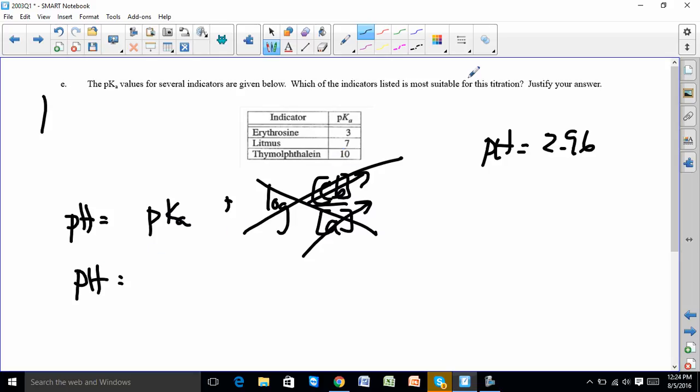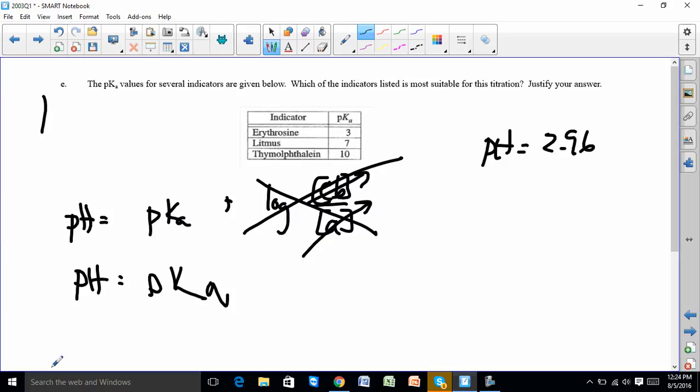Anyhow, you want to pick the one that has a pKa value closest to the pH. Which one of these, I'm writing with the mouse again, the pKa value of 3, 7, or 10, is closest to the pH at the equivalence point?